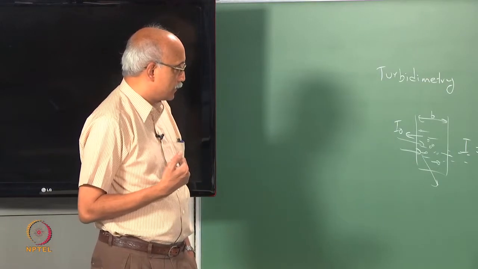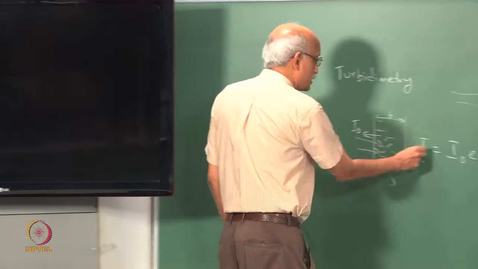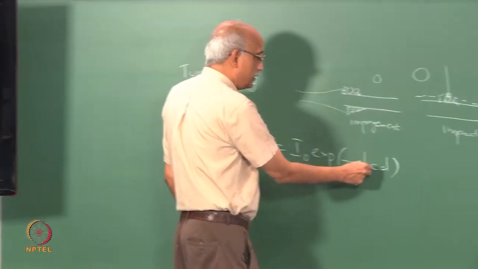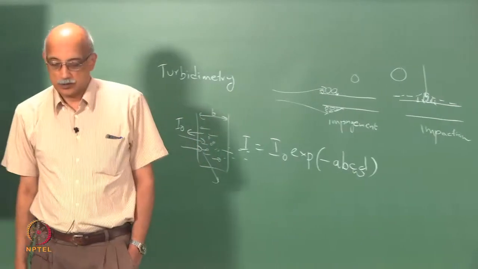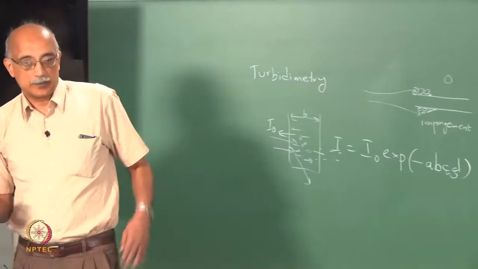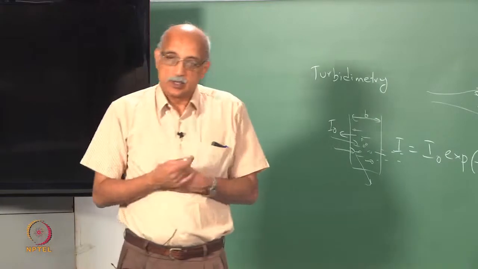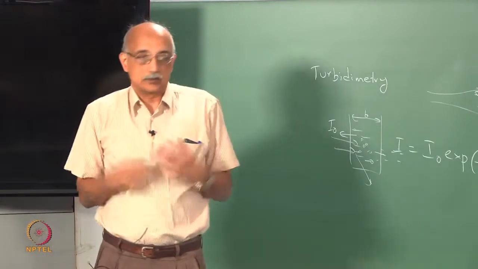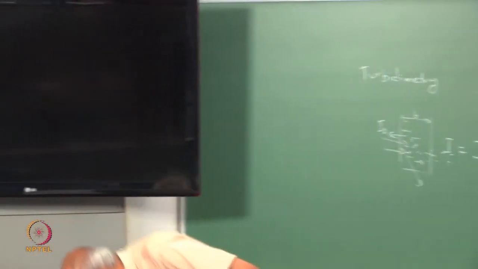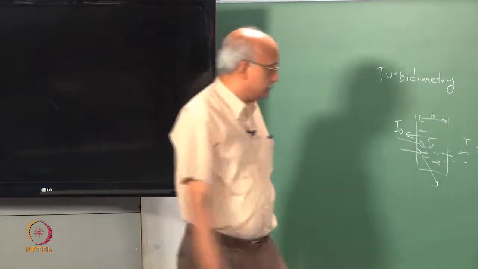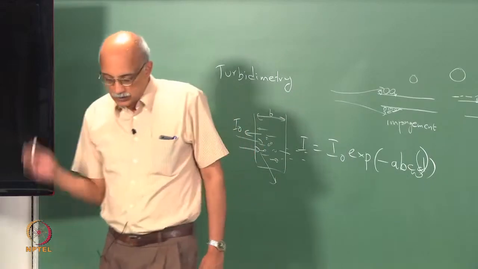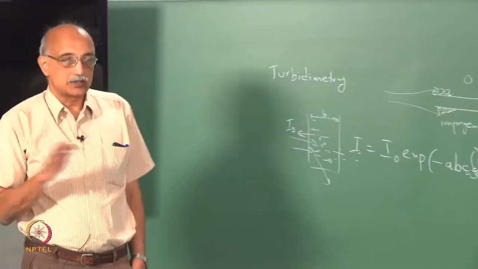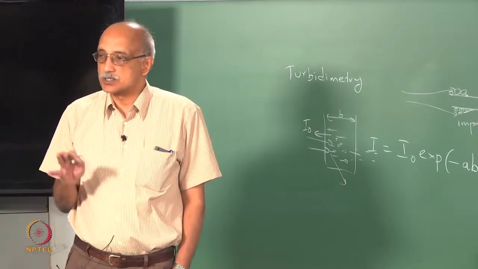So, if you know this and you measure this and you know A, B, then you can measure the multiplication of C and D. Let us say that you know the concentration of particles, and you can estimate the parameter D, which is actually the total integrated scattering area of particles in suspension.